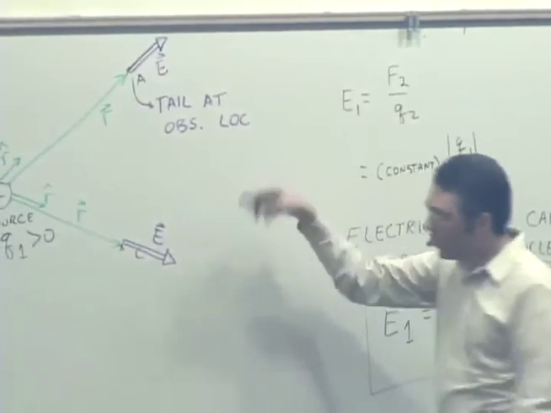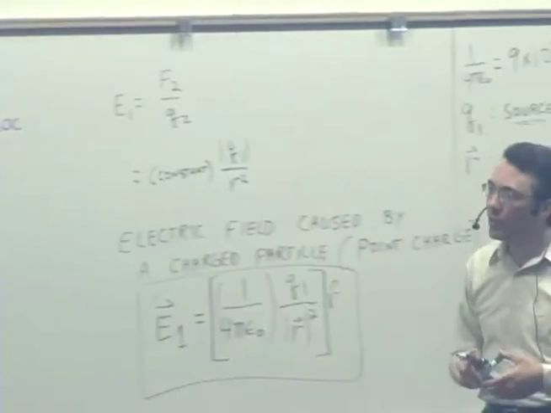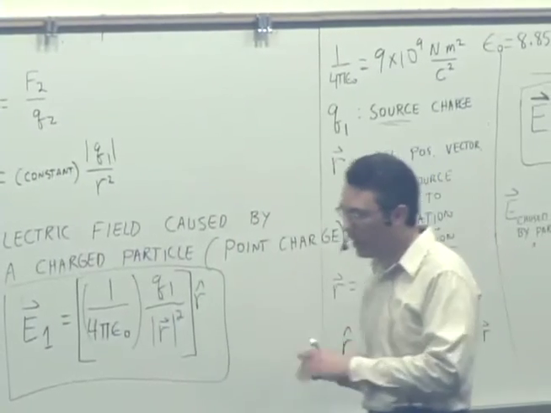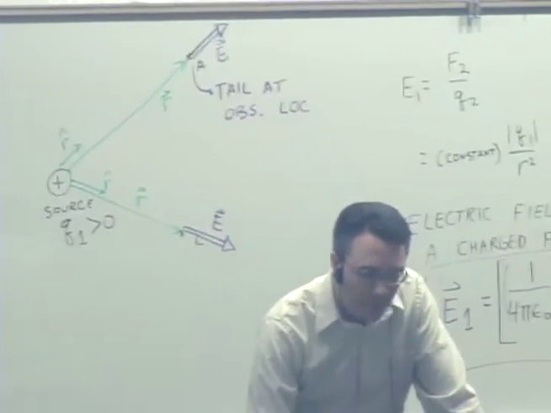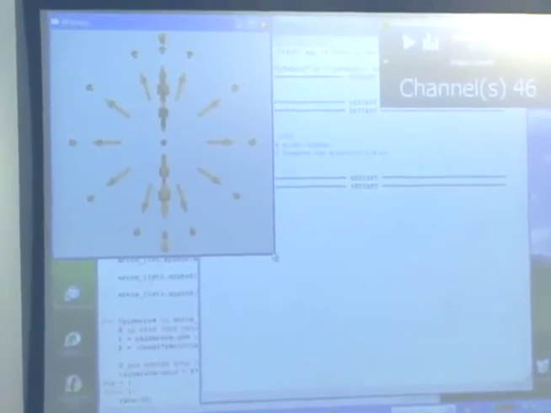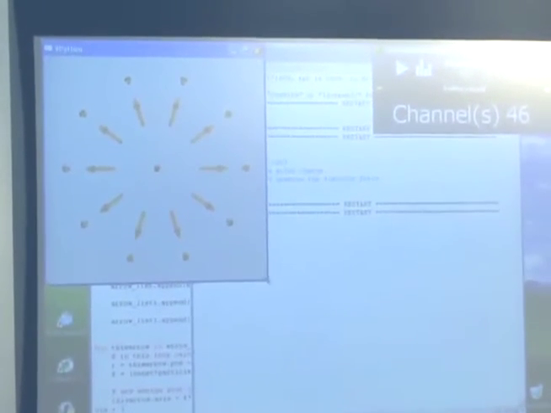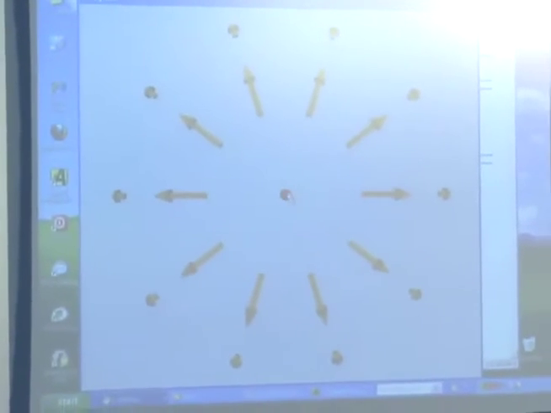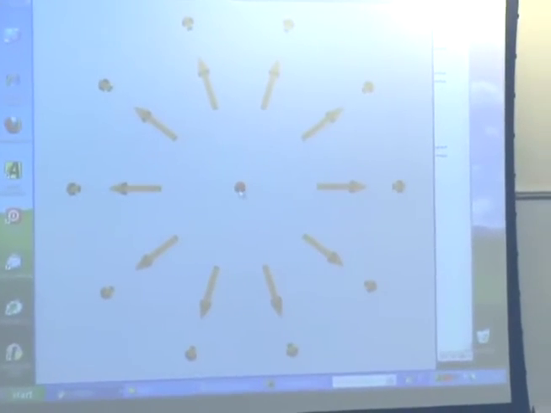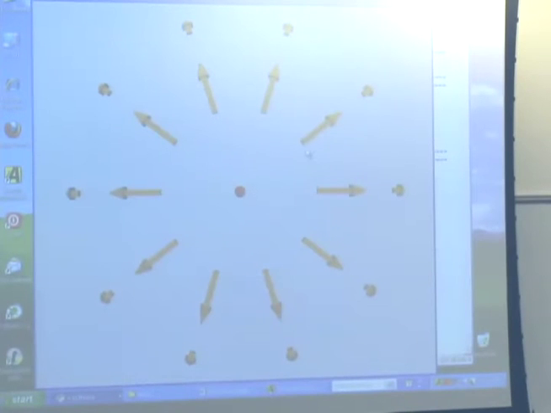So what we see, and you could do this for various different locations, is a pattern that looks kind of like this. Let me just show a little VPython program. What we have here is a positive charge, a proton for example, and at various observation locations that I've just laid out in two concentric circles around the charge, I'm measuring and plotting the electric field vector at those locations.